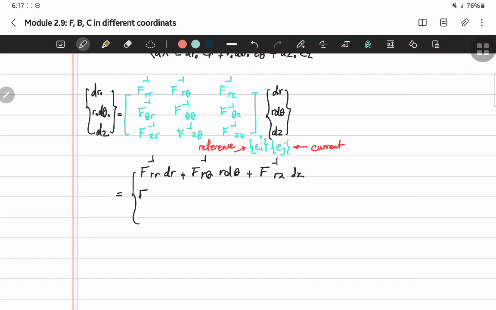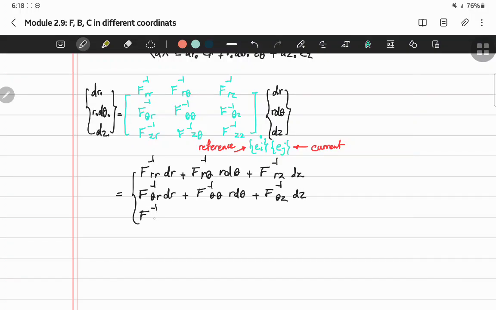Then F inverse theta R dr plus F inverse theta theta r d theta plus F inverse theta Z dz.